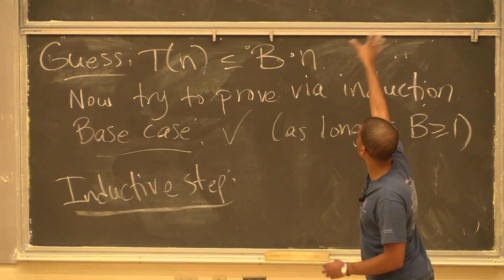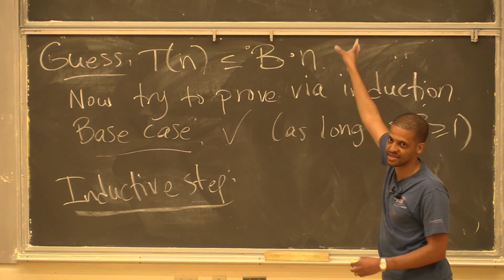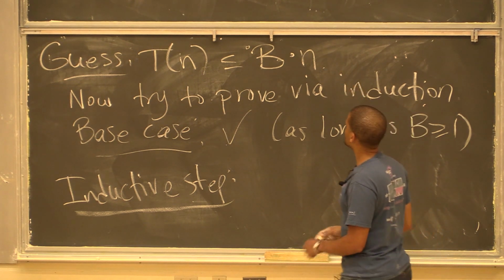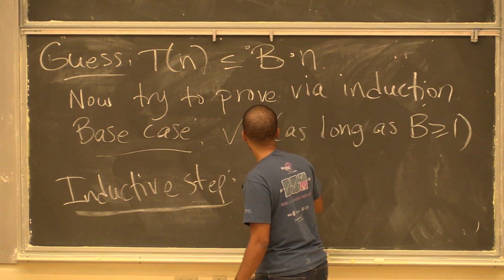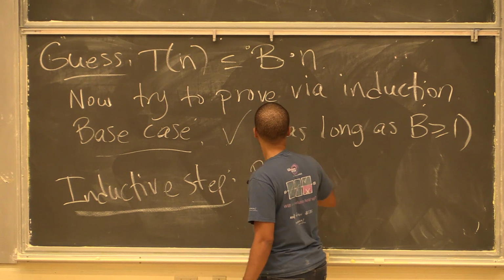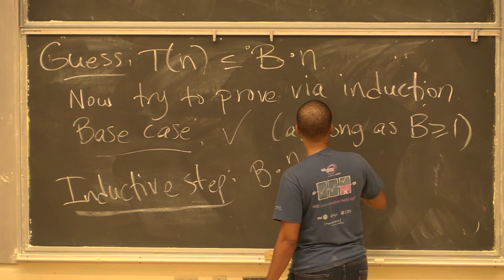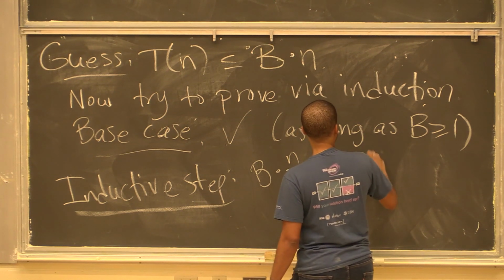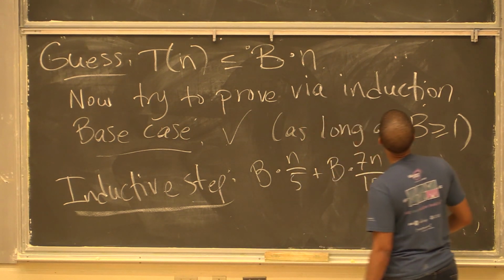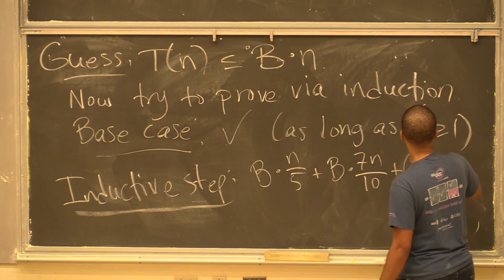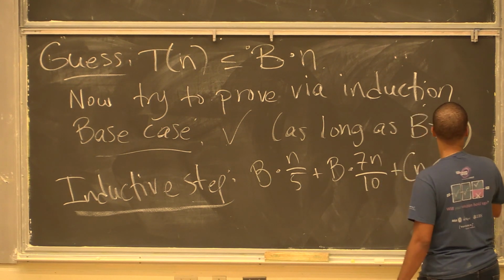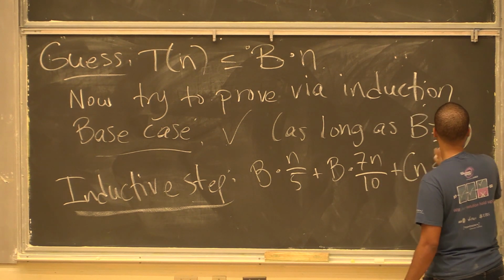So I just want to verify that this expression is less than or equal to b times n. So is it true that b times n over 5 plus b times 7n over 10, plus c times n, is it true that this is at most b times n? Is that true?